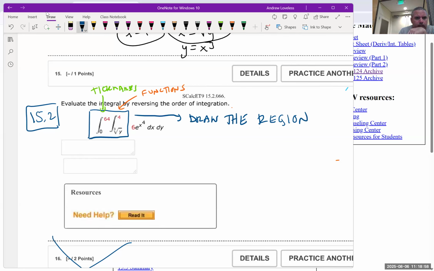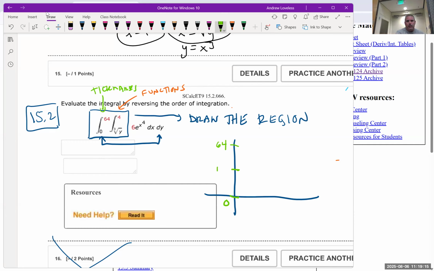I always have to, in my head, take a moment and line these up. But the tick marks, the starting and ending of my pattern, are 0 to 64.